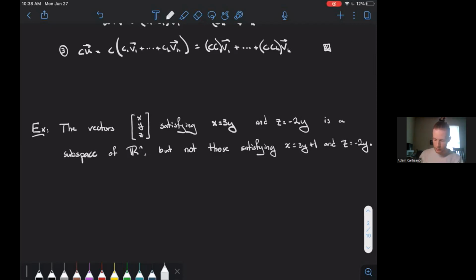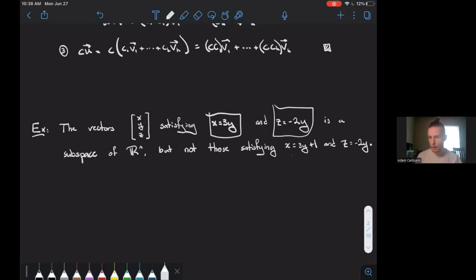Because look, we're going to upgrade or break the example in just a second. But for now, notice this is the equation of a plane through the origin. This is also the equation of a plane through the origin. And we're asking that the vectors x, y, and z, whatever the vectors of that form, satisfy both equations.